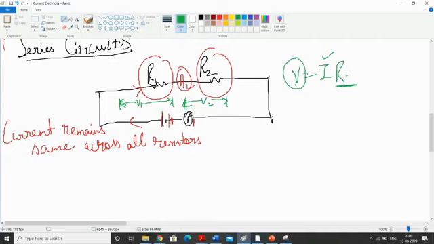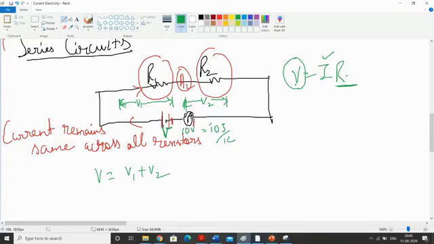And if V is the voltage being supplied by the battery, this V has to be equal to V1 plus V2, right? Because voltage is nothing but the energy supplied per coulomb of charge. If the voltage is 10 volt, it means 10 joule of energy is being supplied to 1 coulomb of charge.